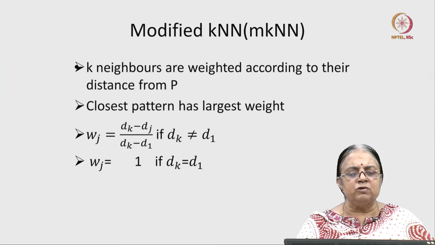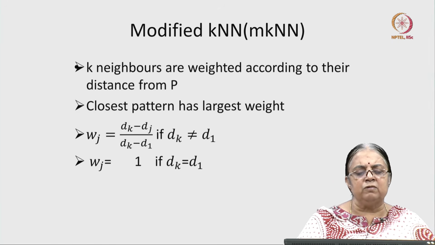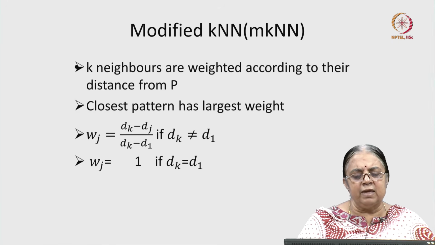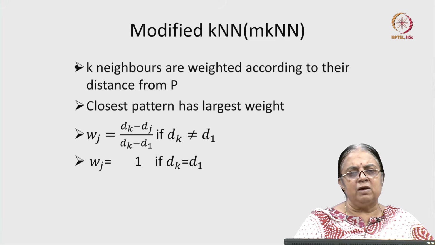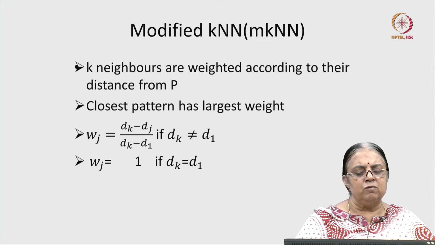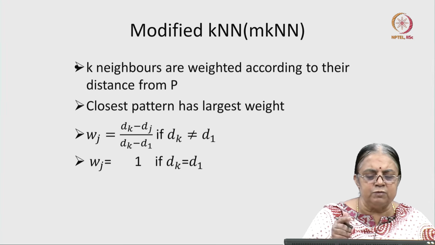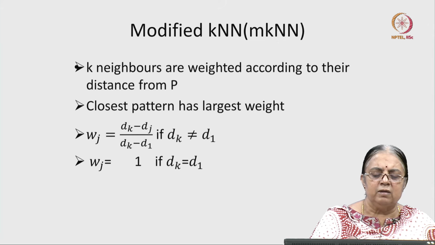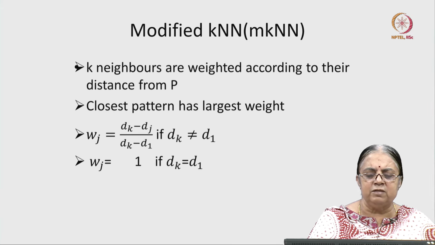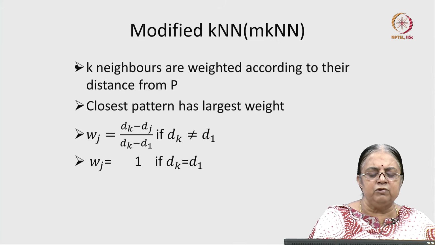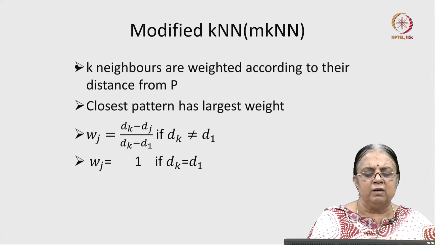The next is the modified KNN algorithm. Again you take k neighbors and they are weighted according to their distance from P. The closest pattern will have the largest weight. If dk is equal to d1, which means that is the closest pattern, then the weight wj given to that is 1.